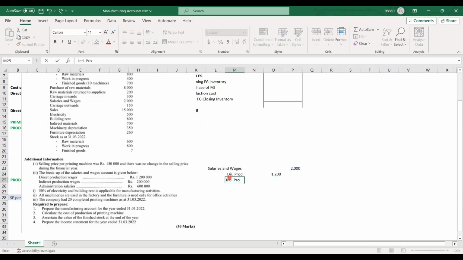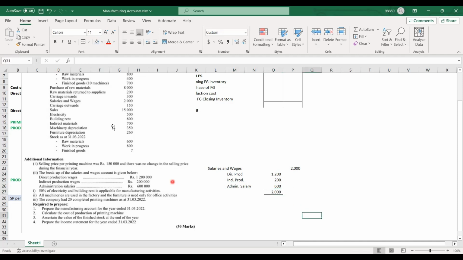Indirect production wages is 200,000 and administration salaries is 600. Okay, that's correct, right? So sometimes it gives you weird numbers and you have to see if it matches or not, right? Okay.